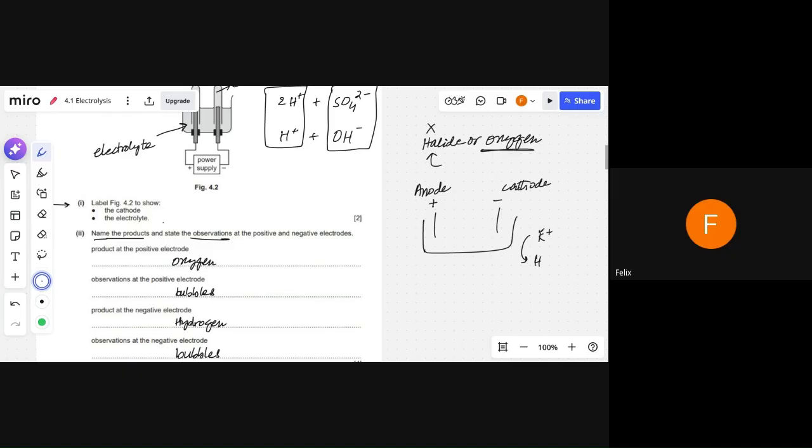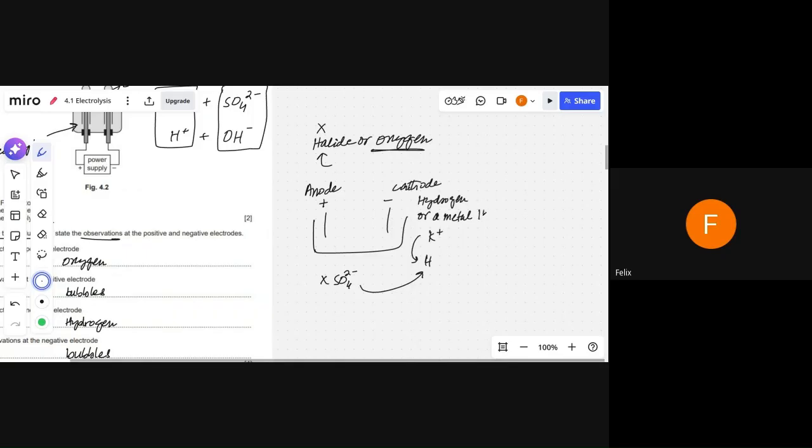But if you have something else, for example sulfate, that is not included in the reactivity series, then again hydrogen will be deposited and this will remain in the solution. It will not be deposited, right? So what are the limitations? Only two things can be deposited at the cathode: hydrogen, or a metal that is less reactive than hydrogen.